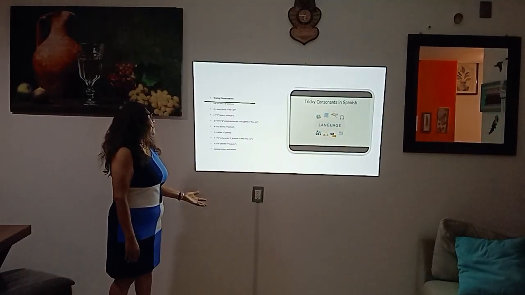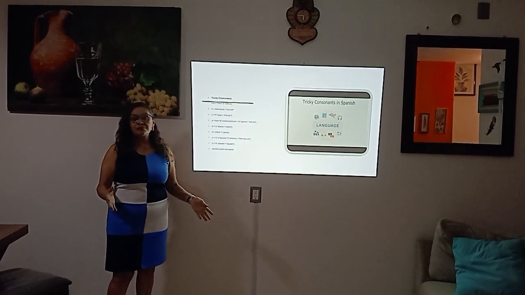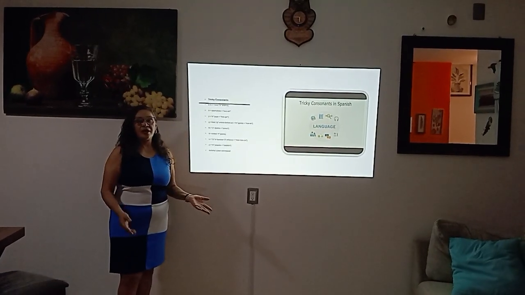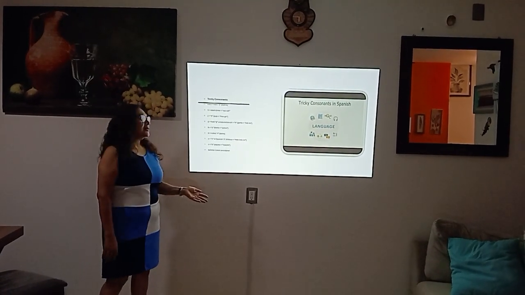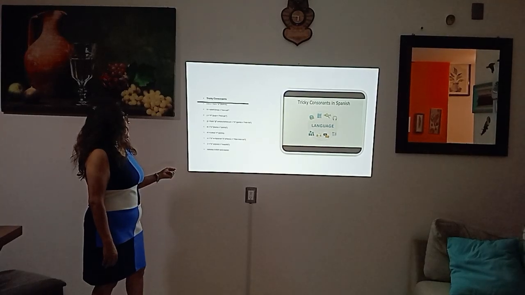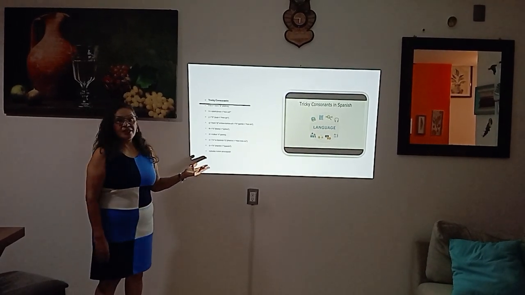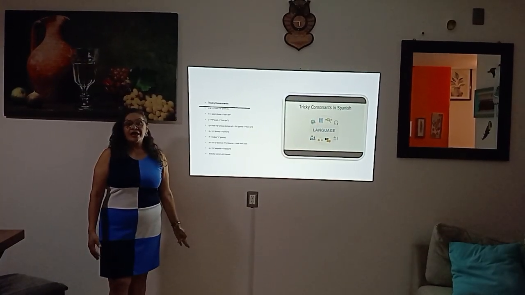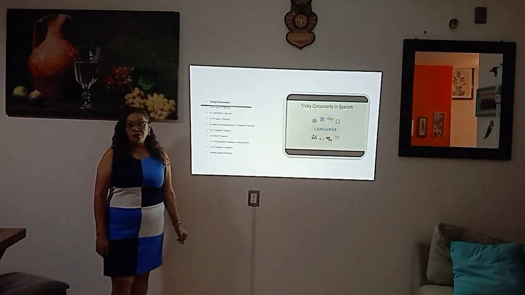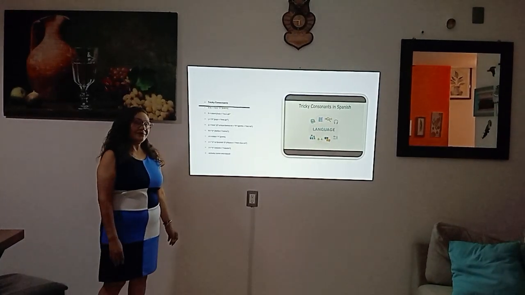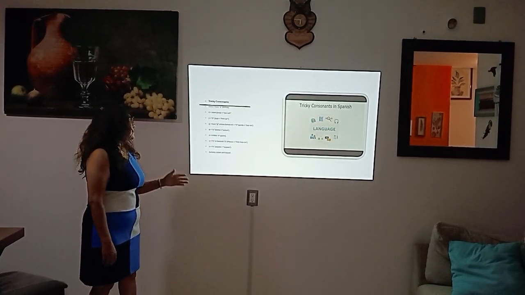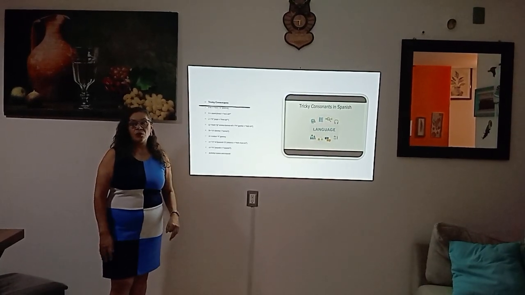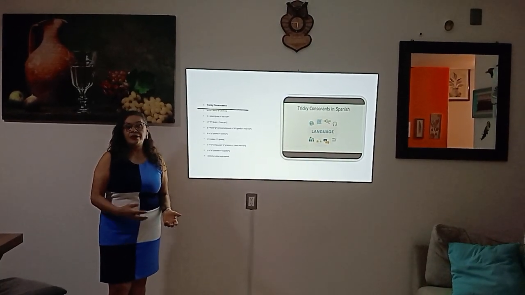So we have the H, which in Spanish is a silent consonant, and in English it has a sound. As for the consonant J, the sound is like an H, as in jugo, juguete, etc. And the double L, the sound is like the Y in English.